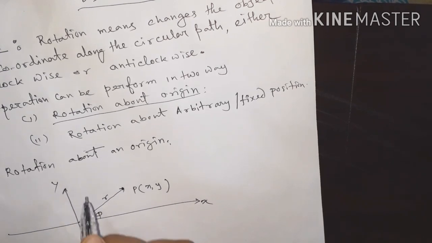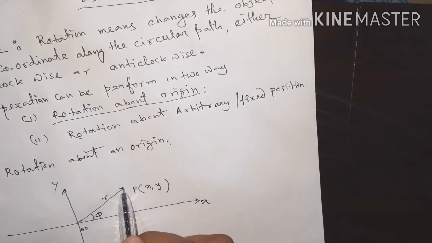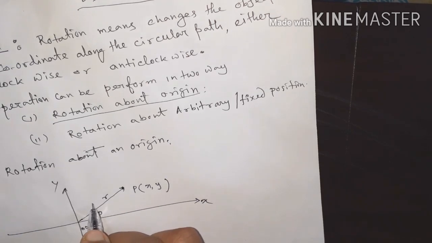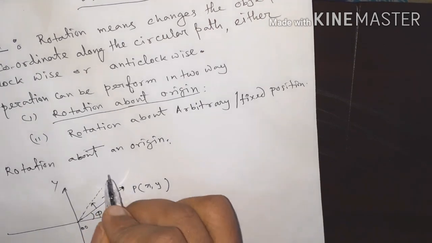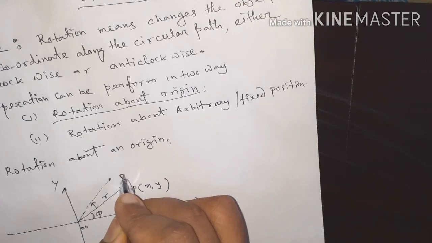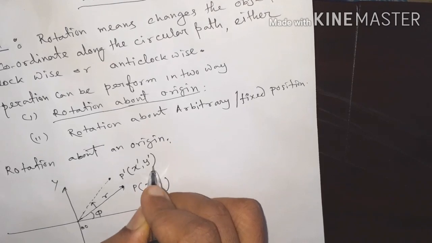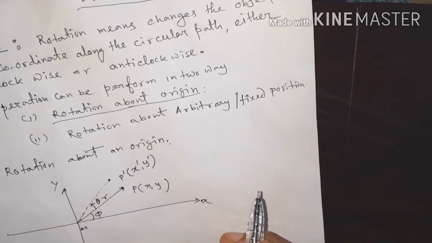Now, if the point P rotates theta degrees anticlockwise, what is the new location of the point P? The new location of the point P will be P prime, with new coordinates x prime, y prime, and this is the theta.